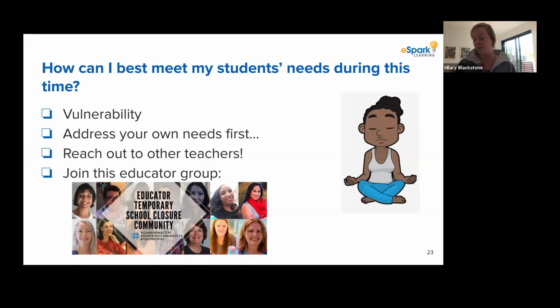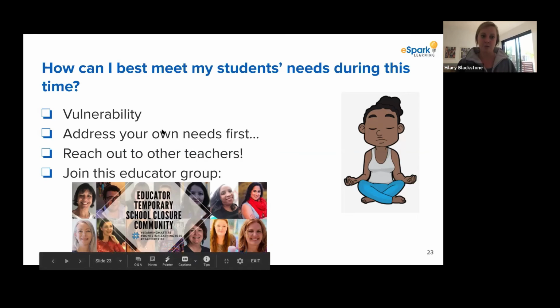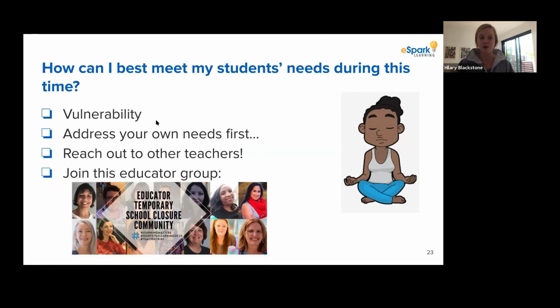You're a great role model to your students, and they appreciate that you're taking care of your own needs. Being vulnerable with our students, I think, is really important. So addressing and acknowledging that this is hard and this is different, and yet we're going to get through it together, is really powerful.